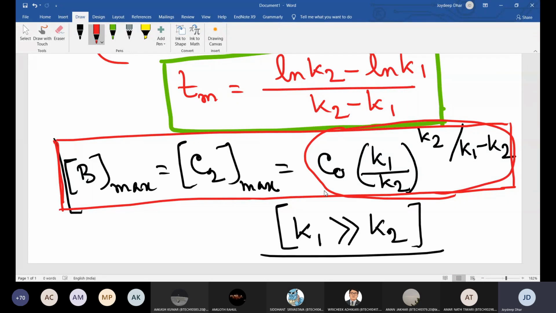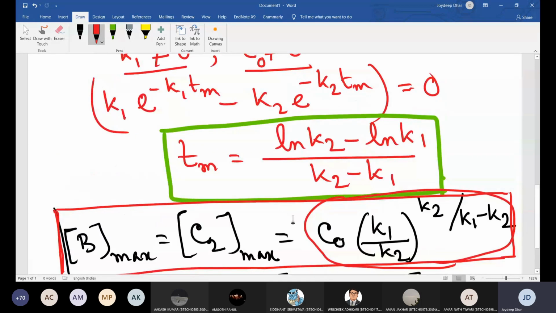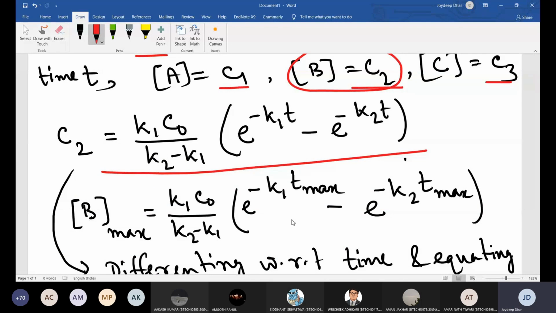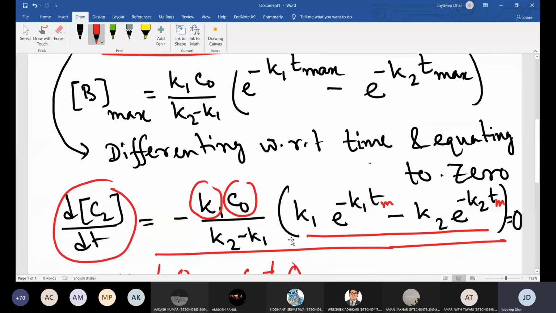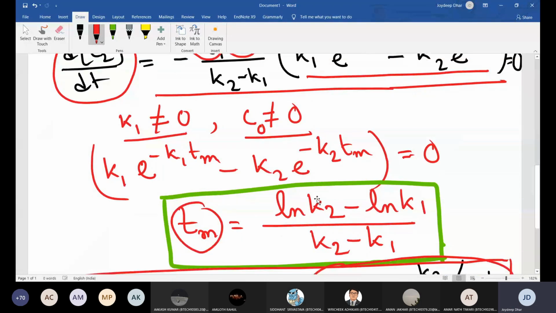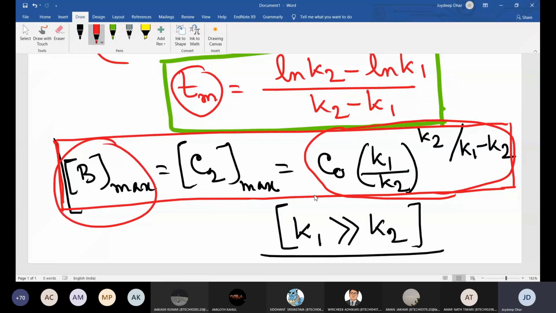You can get this form when you approximate that the rate constant of formation of B is much larger than the rate constant of consumption of B. So you can simplify into this form, C naught into K1 by K2 to the power K2 by K1 minus K2. In the PDF you can get C1, C2, C3, but these two final forms, T max and B max, you should derive. I have shown the way how you can derive. Final form you should get.